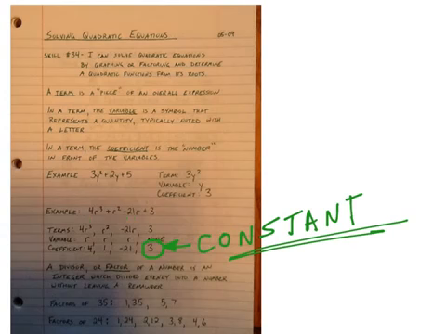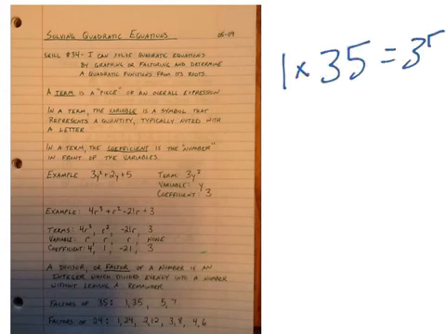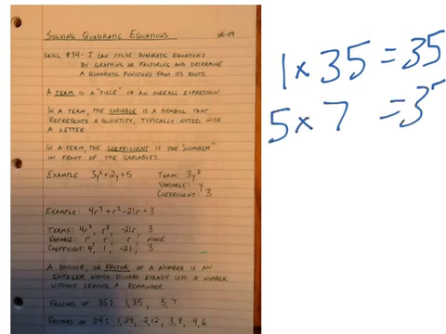Last piece of page 5-9 is factors. Factors are integers that divide evenly into a number. For example, the number 35: 1 times 35 equals 35, and 5 times 7 equals 35.